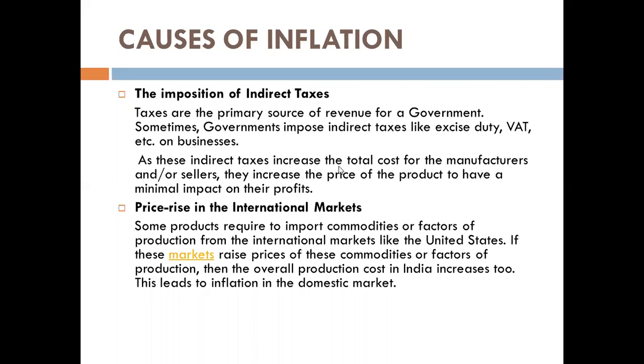As the indirect taxes increase the total cost of the manufacturers, sellers, they increase the price of the product, which has minimal impact on the profits. Means those people who are running organizations also need to pay indirect tax to the government. So if they pay high tax, then they need to increase the price of the product. So which have minimal impact on the profits.